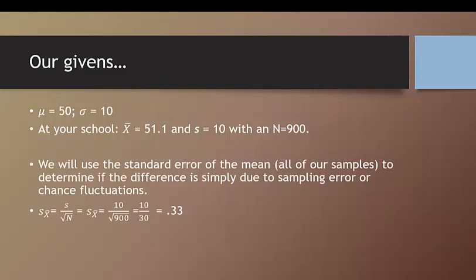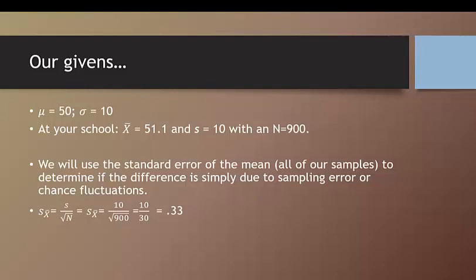So we'll use the standard error of the mean that we did in our last module, because we're going to work with z-scores again, and we need to know the standard error of the mean. And I'll show you those formulas again. So we want to start off by looking at our standard error. So here's our formula. Standard error equals the standard deviation divided by the square root of n.